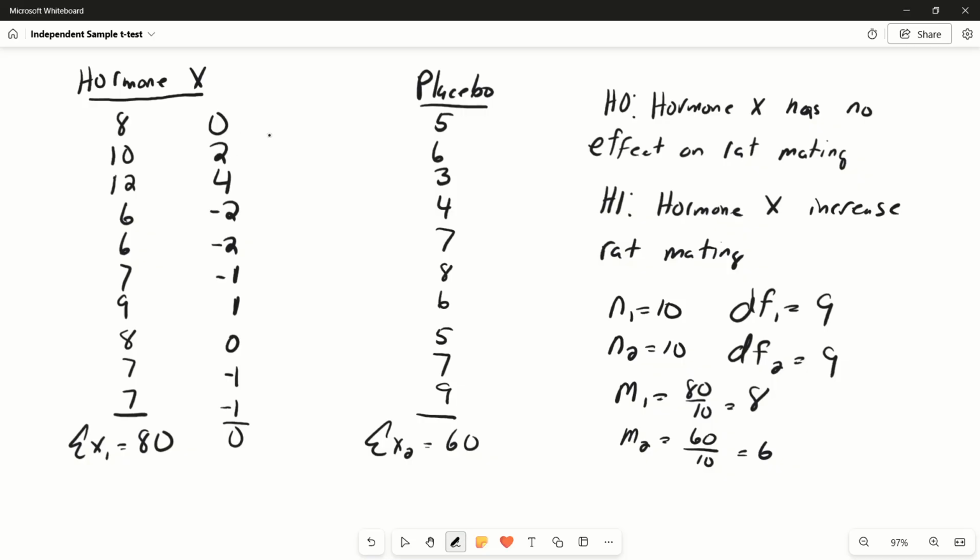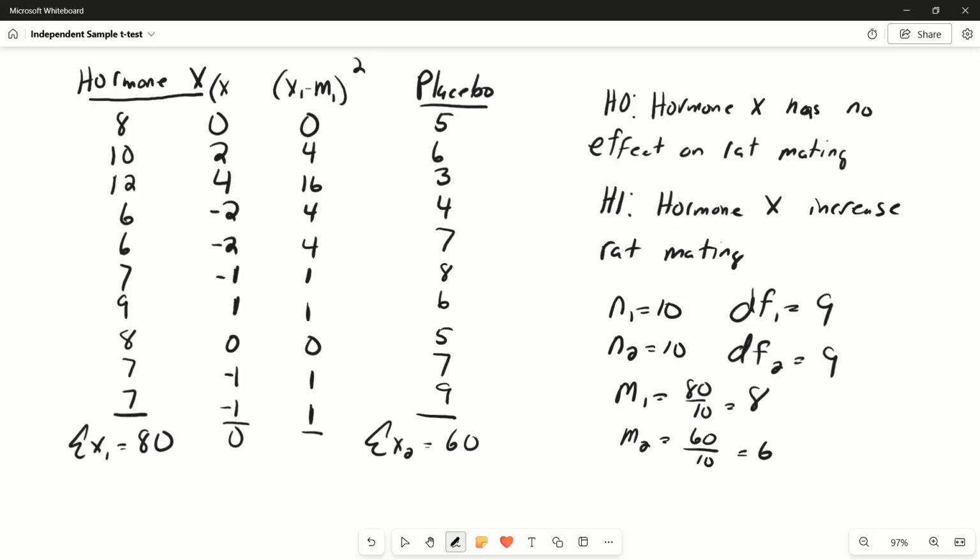And now I'm going to square these deviation scores to get the squared deviation scores, just like we did with variance. This is my x1 minus m1 squared.